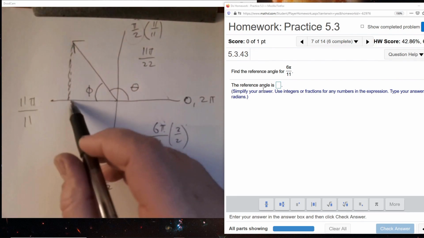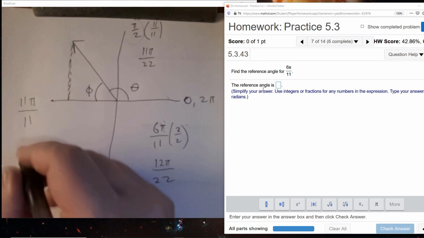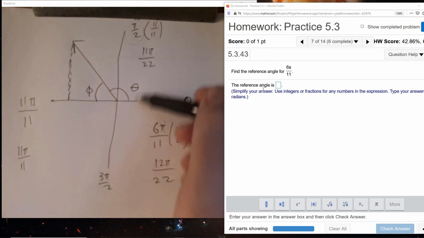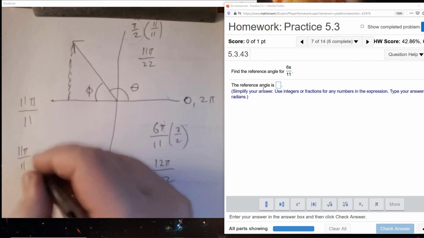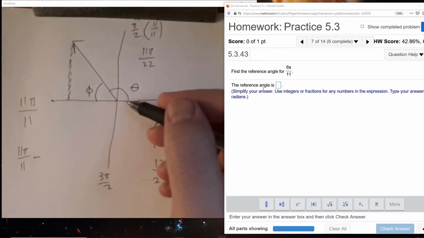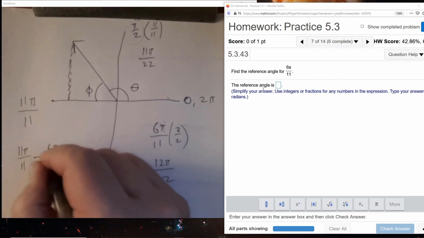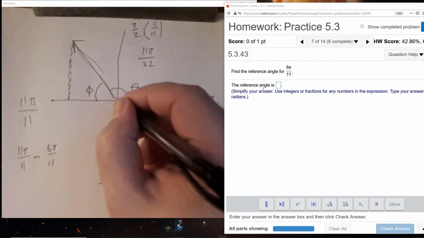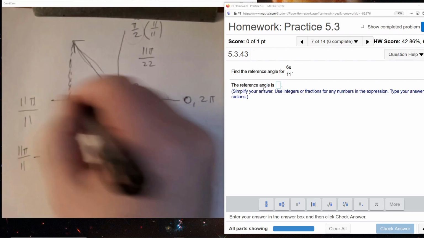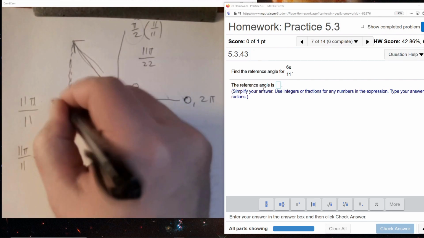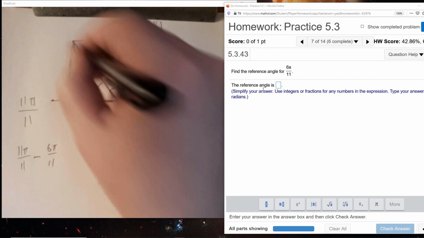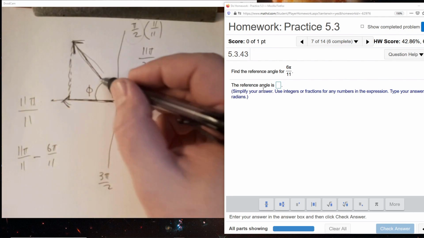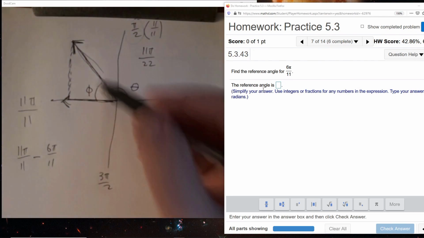And so our reference angle is going to be 11 pi over 11, because that's a full 180 rotation, minus the angle we're given, 6 pi over 11. So that's this angle here. 11 pi over 11 is right here, and 6 pi over 11 is right here. So we can just subtract those to get the reference angle right here.